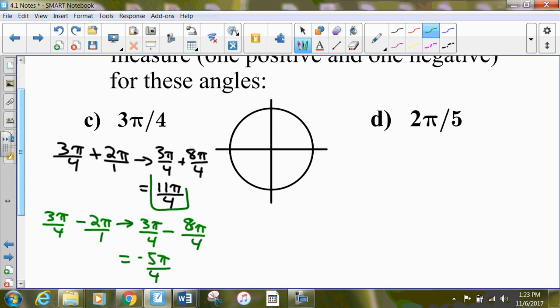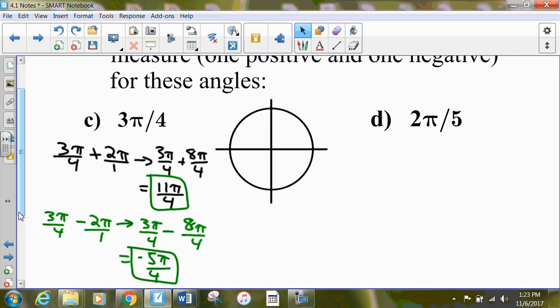So we got our positive coterminal angle and our negative coterminal angle. I know you may be wondering, why are we doing this? When we get into the more difficult parts of trig, using coterminal angles and reference angles is going to be really important. So we want to be able to do that with our eyes closed. All right, well, maybe peeking a little bit.